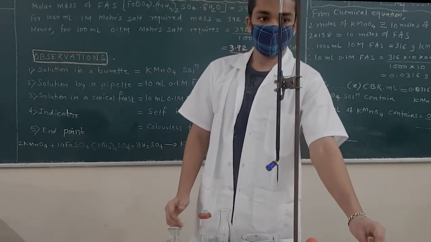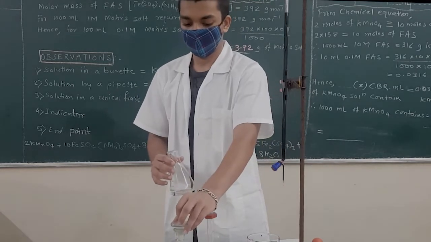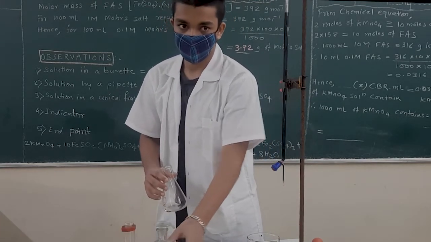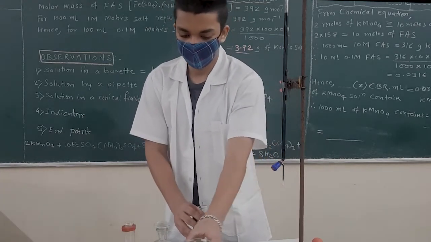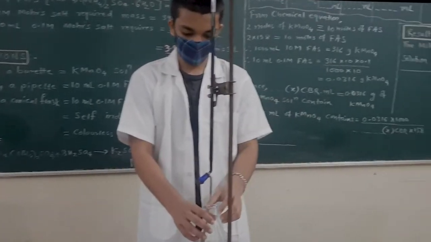As I said earlier, we are not going to use a separate indicator for this particular titration because KMnO4 itself acts as an indicator. Now this solution we are going to titrate against KMnO4 solution.